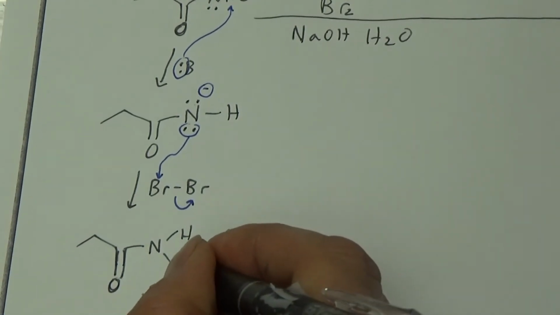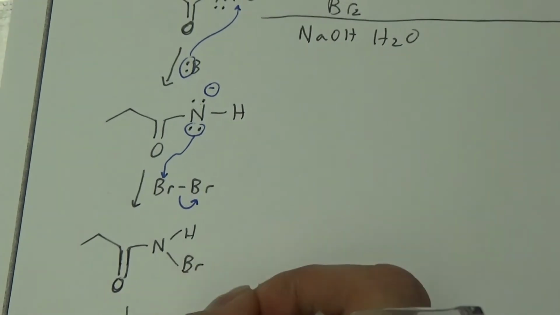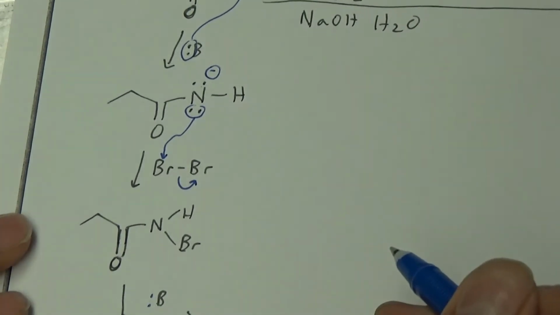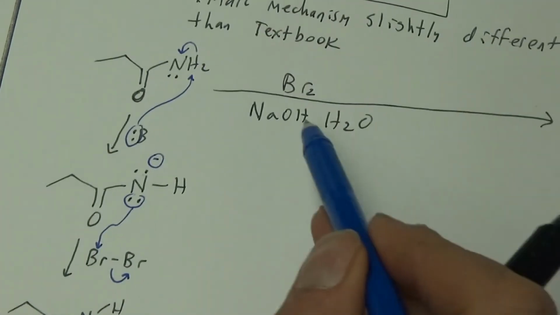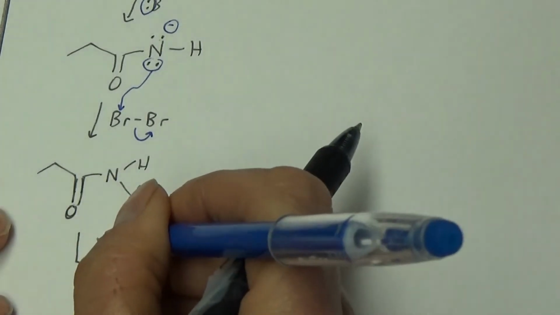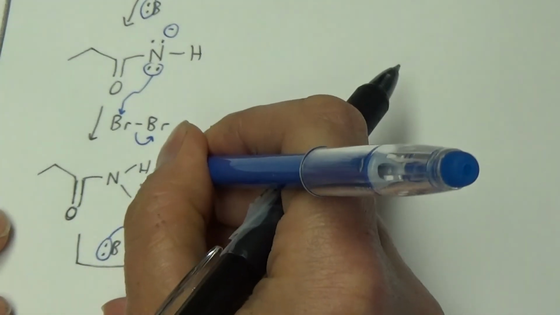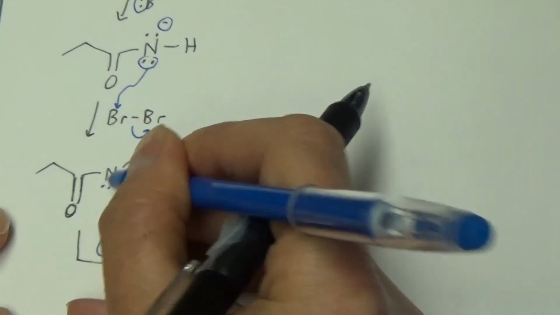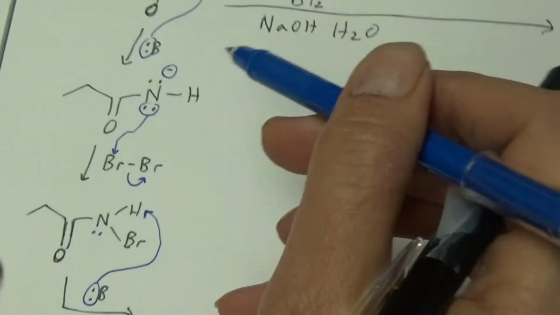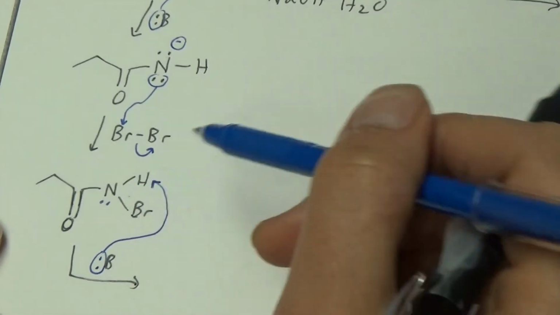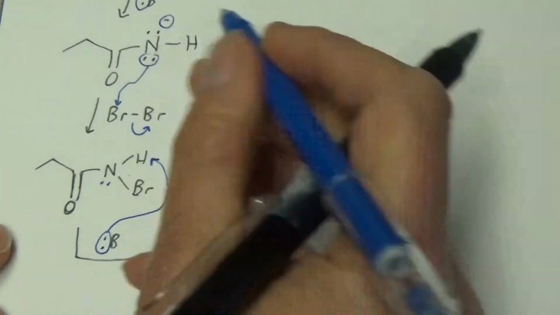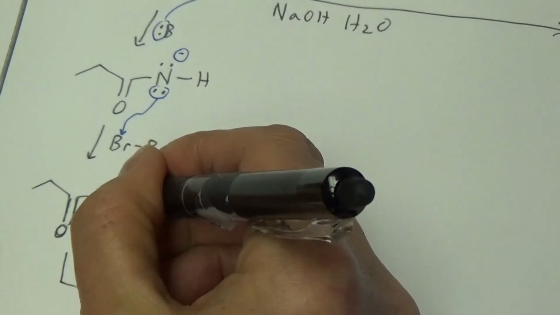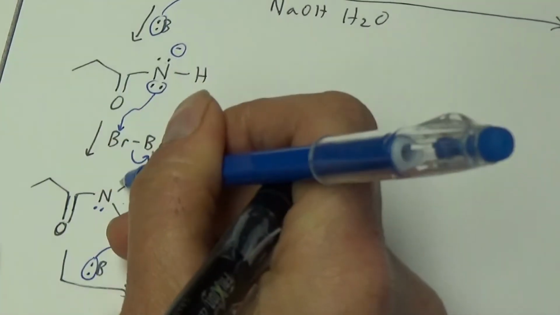Okay, so now what are we going to do? We're going to do it again. Use more B with two dots. Base, still probably that NaOH, hydroxide. So the base takes this proton. How many lone pairs do we have now? We went from 1 to 2 lone pairs to 1 lone pair. Now base takes this proton off, and that kicks the electrons onto nitrogen.